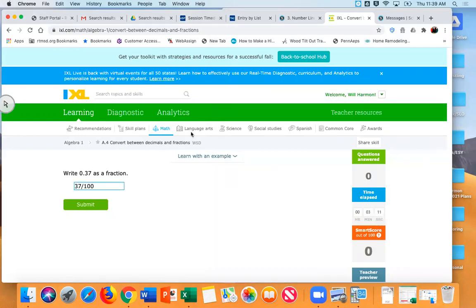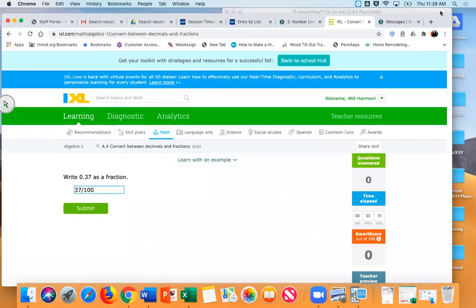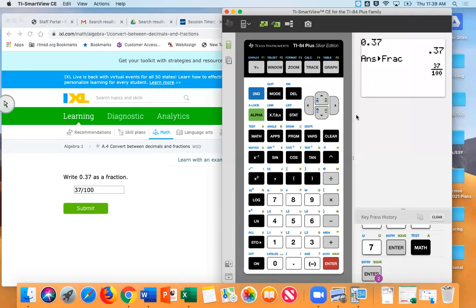Now, what if I don't have this graphing calculator? How do I do that? If I don't have a graphing calculator, let's look at 0.37. This is my tenths, and this is my hundredths.